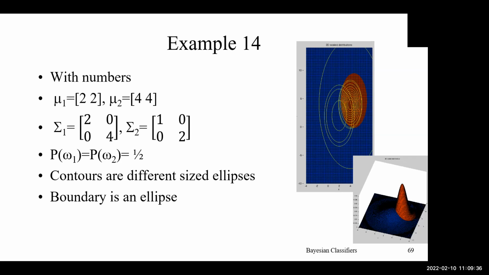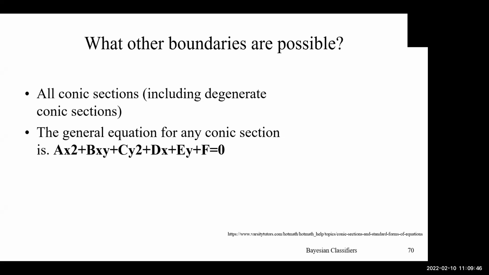And the boundary will be an ellipse. So we're always going to come up with something quadratic if our covariance matrices are not equal to each other. Always something quadratic. And all conic sections are possibilities, including the degenerate ones.